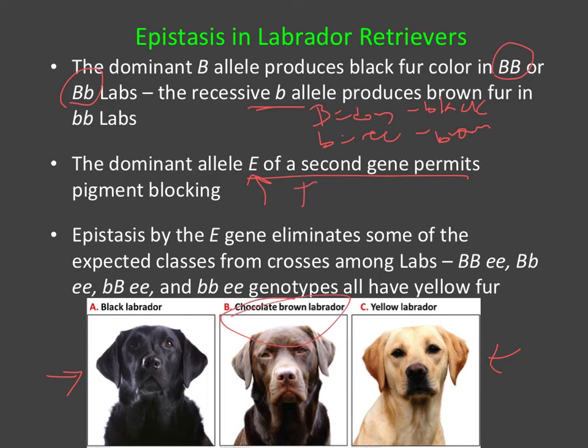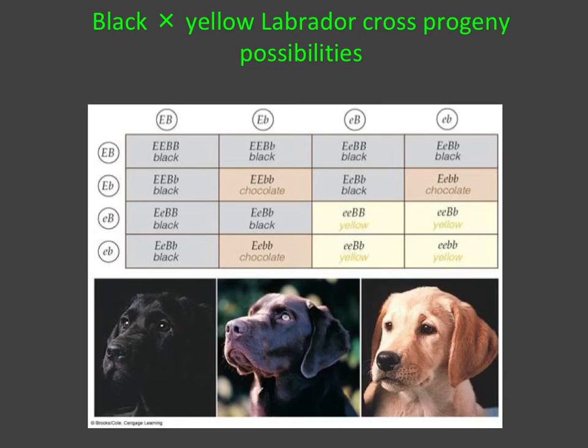So big E equals allows pigment. But if you don't have E and you get these little recessive e's, then pigment is blocked and you end up getting yellow fur.